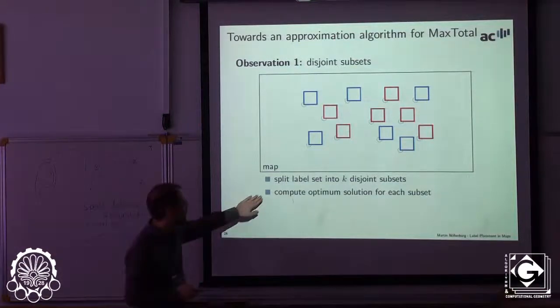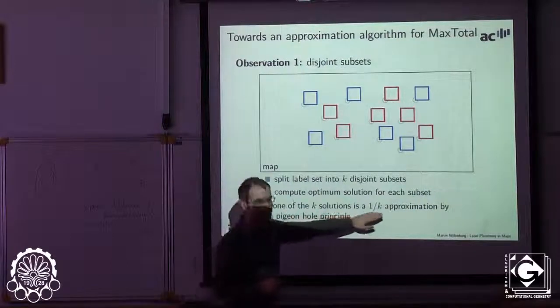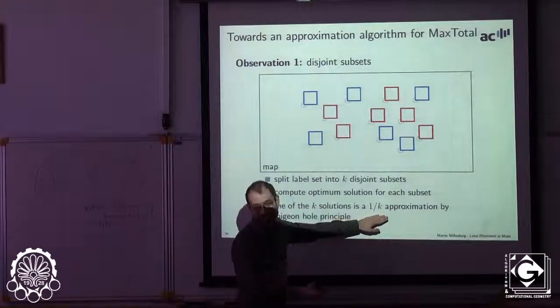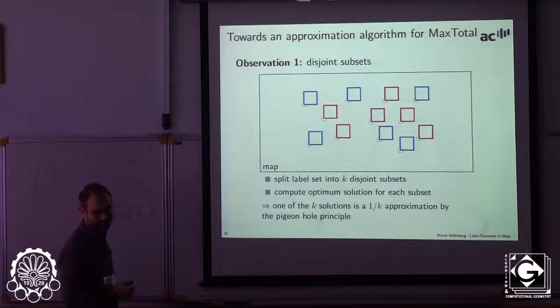If we compute the optimum solution for red and for blue, we have just 2 solutions, and one of them must have at least 1/2 of the optimal value. If both were smaller, that doesn't make sense. And if generally you have k of those subsets, then it will be a 1/k approximation.